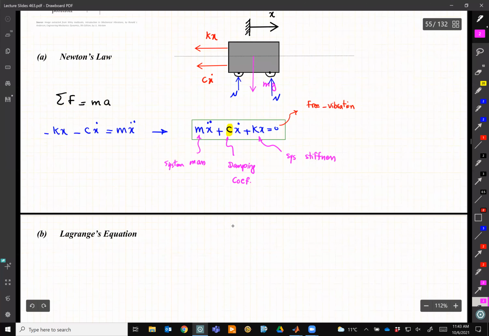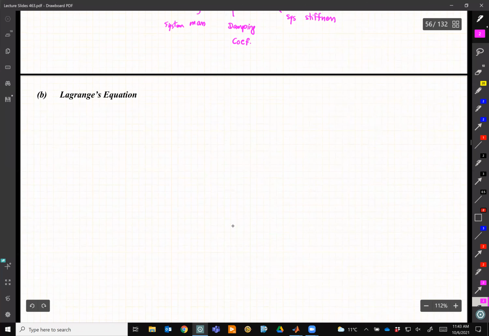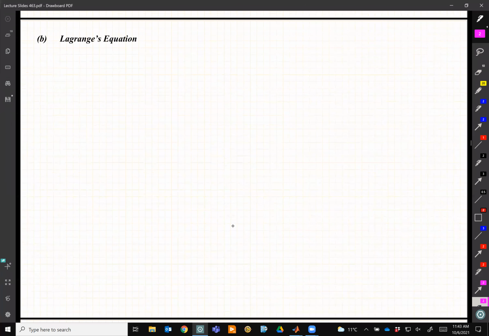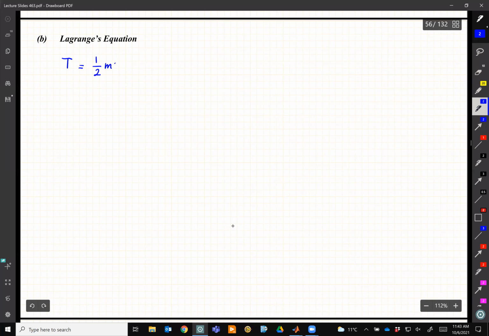Now let's solve the same problem with the Lagrange equation. I know that I need T and U. Here I have just one mass, so T is half m x dot squared, and the potential energy U is half k x squared.